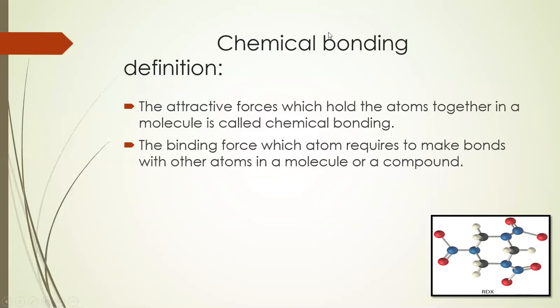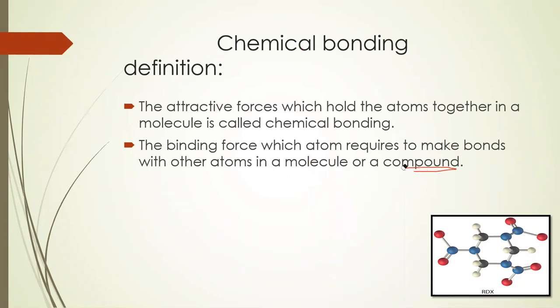First, we can see the basic difference between a molecule and a compound. A molecule contains the atoms of the same element, while a compound contains atoms of different elements. So we should know the difference between these both.